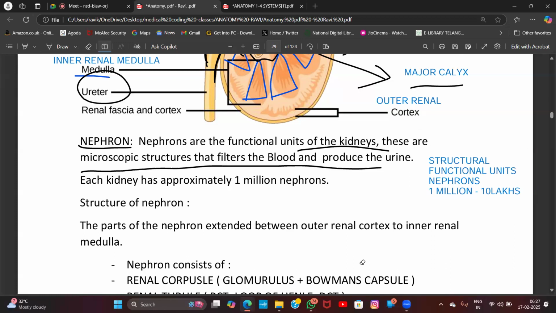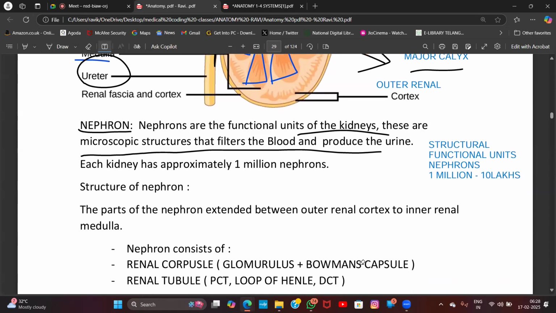Do you know the structural and functional unit of the lungs? Alveoli, very good. Alveoli are the cells of the lungs. The cells of the kidneys are called nephrons. Each kidney has approximately 1 million nephrons.